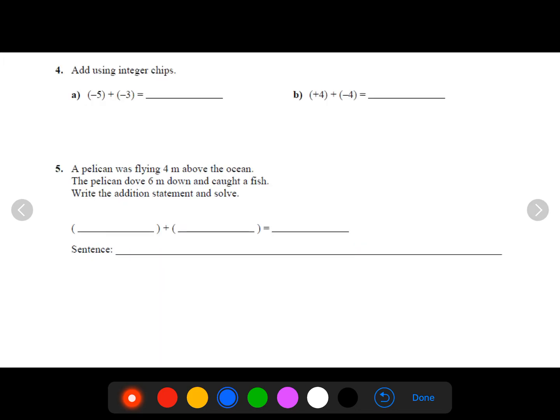Add using integer chips. Well, to do that, let's see. We've got 1, 2, 3, 4, 5 negatives. And then we're adding in 1, 2, 3 more negatives, which clearly means that we have 8 negatives.